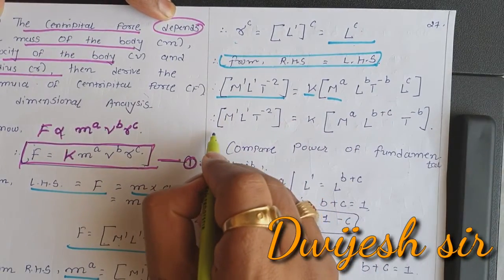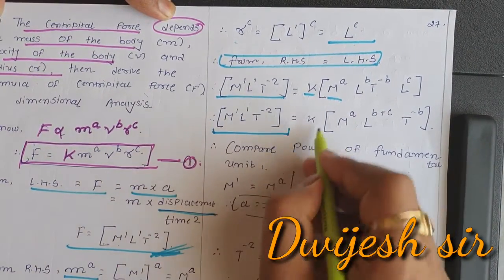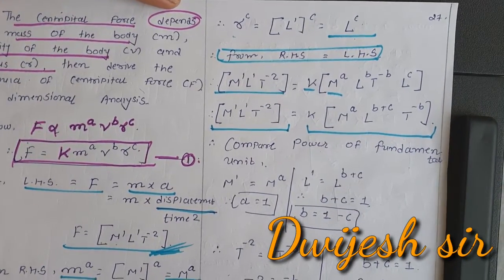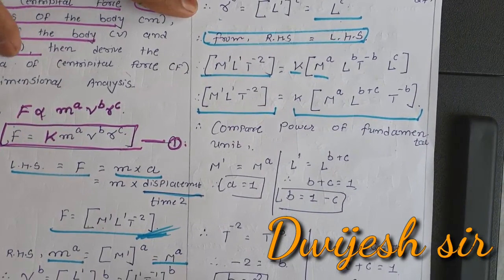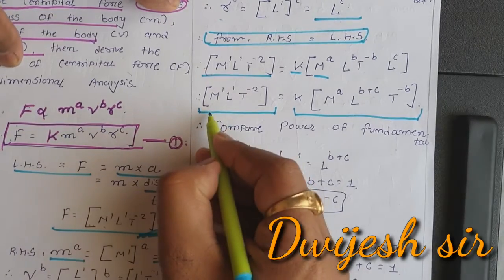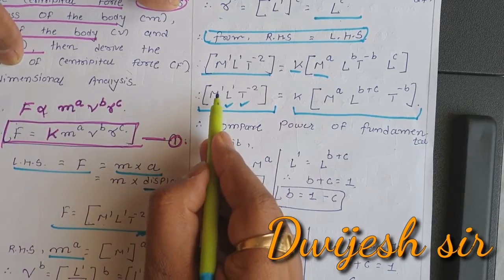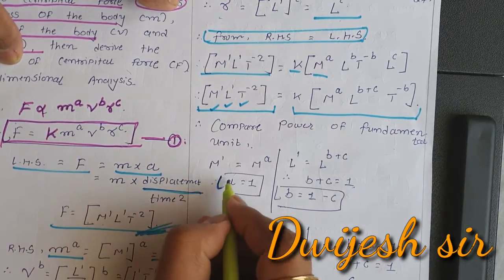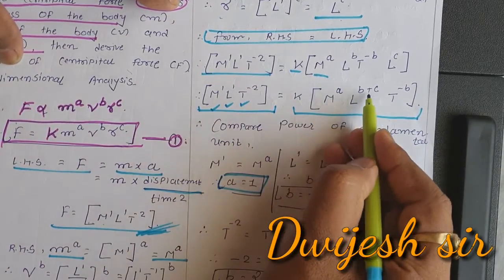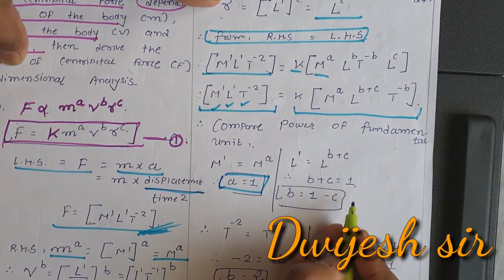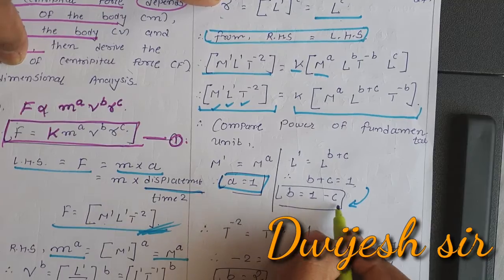If we rearrange this equation, this is the left hand side and this is the right hand side. Now from this we have to compare the powers of the fundamental units, M, L and T. M to the power of a and M to the power of 1, so a equals 1. L to the power of b plus c and L to the power of 1, so b plus c equals 1, or we can write b equals 1 minus c.